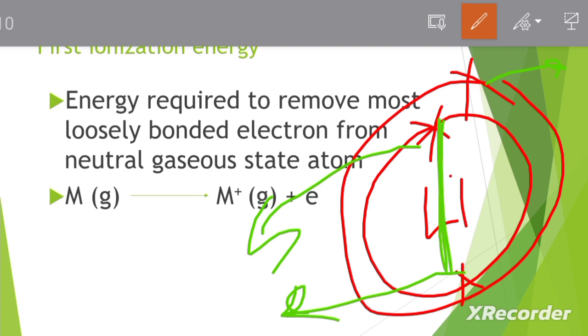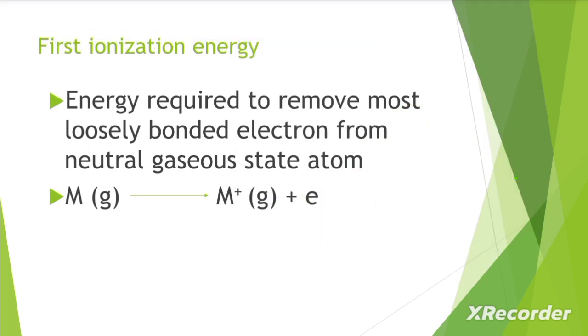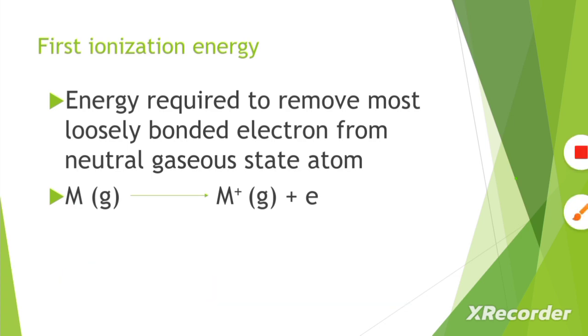Compared to these 2 electrons, the most loosely bonded electron is this one, because it is farther from the nucleus. So the energy that we should supply to remove this particular electron from the lithium atom is known as the first ionization energy of lithium. Energy required to remove the most loosely bonded electron from a neutral gaseous atom is the first ionization energy.